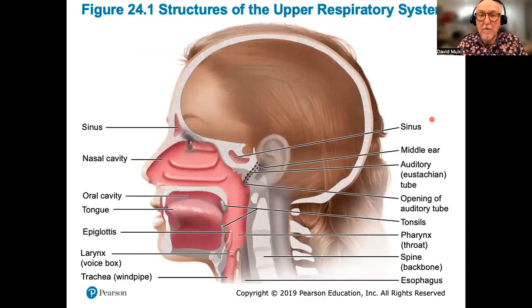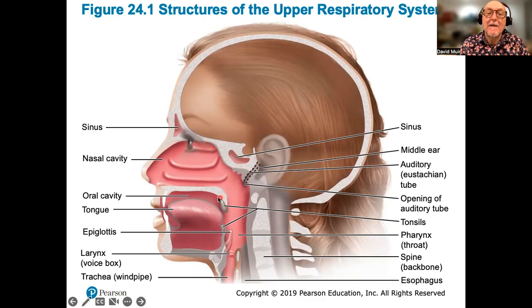So I'm not going to go through all of the anatomy. This is the upper respiratory tract. I'm just going to mention the most important things to take note of. First of all, it's divided, of course, into the mouth cavity, which has its own microbiota, but also is subject to infection by pathogenic bacteria.